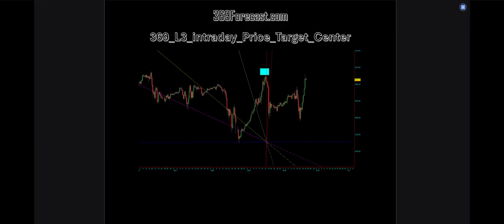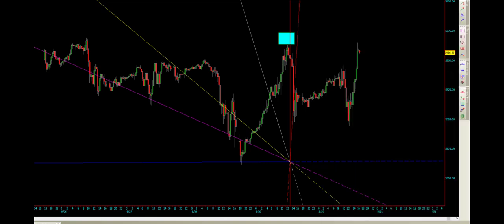Welcome to this next demonstration using tool 369 L3 intraday price target center. So this is the tool.